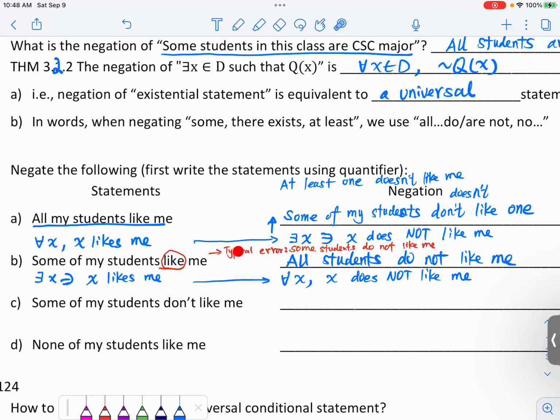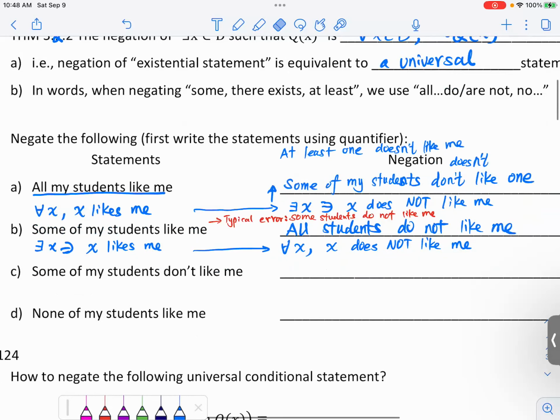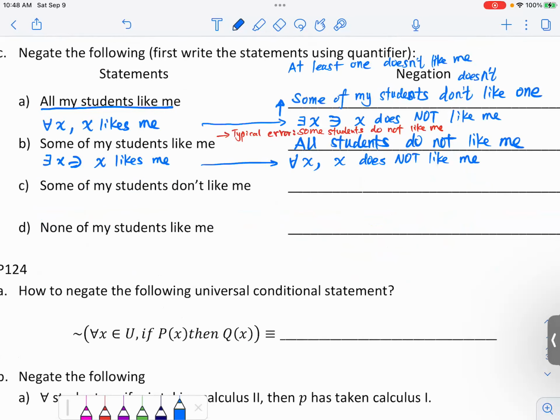This is not equivalent, even though "some students" may include all students. It could also include the possibility that only some students, not all of them, do not like me. So it doesn't mean the same thing as the correct negation. Resist the temptation of doing that.